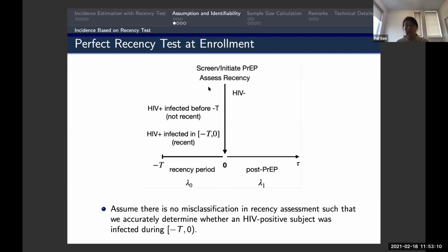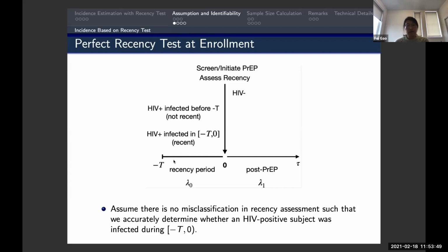But for this perfect recency test, we are looking retrospectively, in that we are tracking all those subjects who come to the screening at time 0, and we track whether they were infected before time -t or not. So we're not restricting this population to be those who are HIV negative at -t, and we are actually looking at an open cohort, in that this cohort will be refreshing by the population. Therefore, by using this perfect recency test, it may help to alleviate part of this selection effect issue.